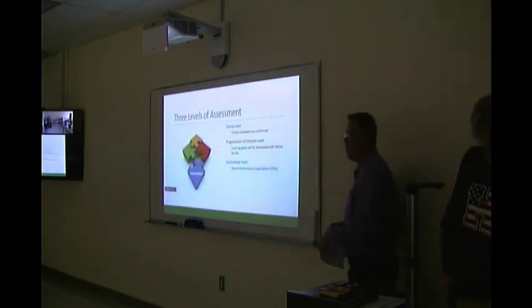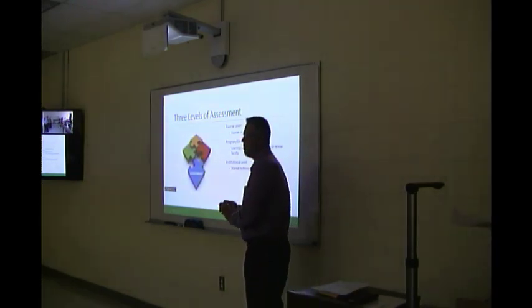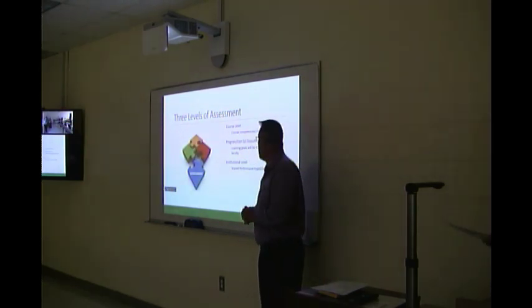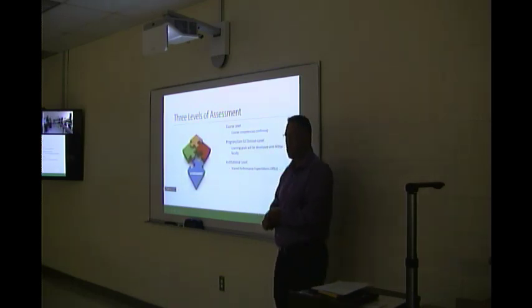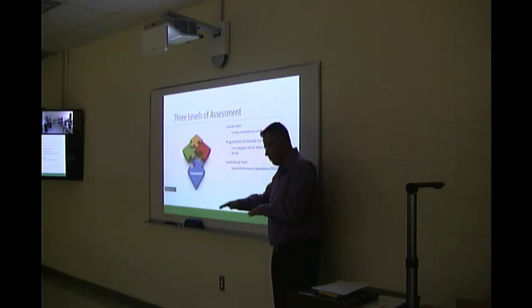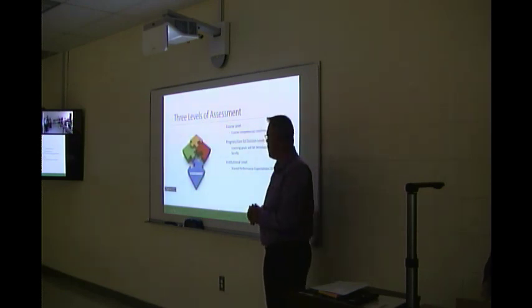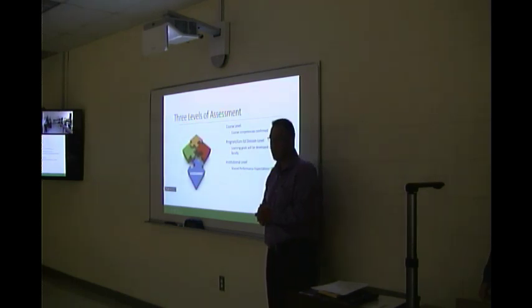Okay, so in regards to the three levels of assessment, this is where it can get kind of confusing because we have three levels going on at the same time. We have our course level assessment. What's being measured at the course level is our course competencies. Sometimes these course competencies come down through us through TAC and the KCOG meetings, which we just had last Friday.